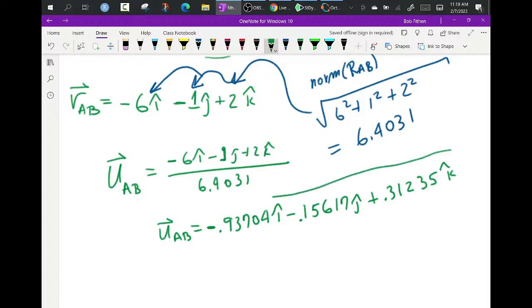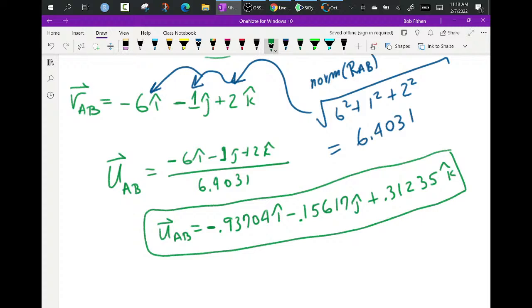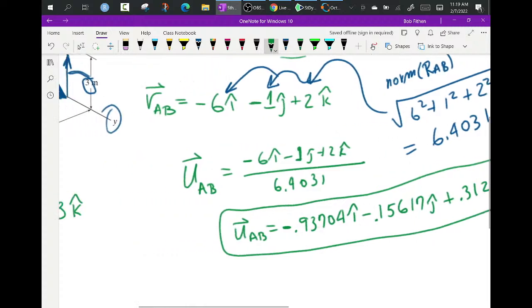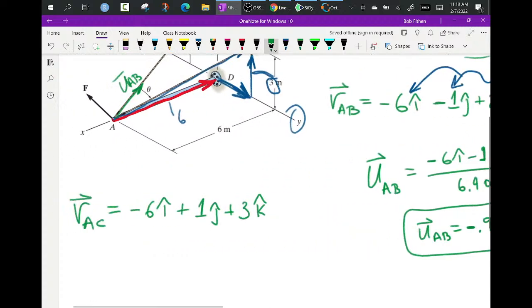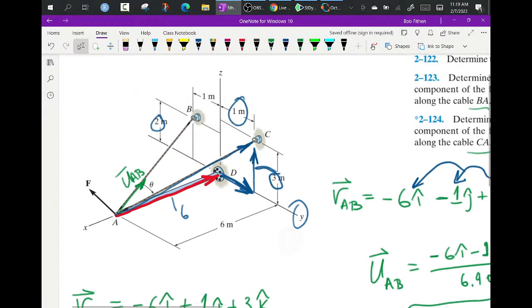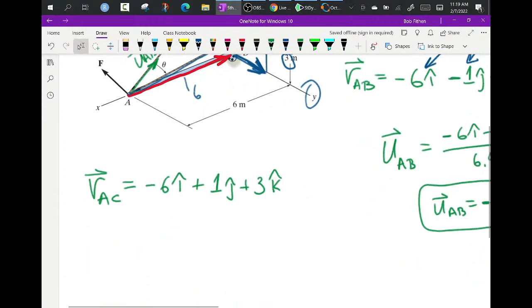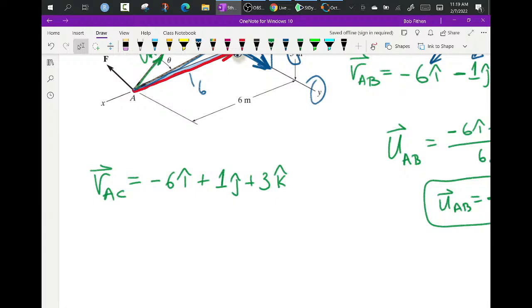Now that's my unit vector, and I'm going to sort of hold on to that for a minute because I'm going to use it. And I'll show you how I'm going to use it. There's two ways I can solve this problem, but I'm going to do it by tracing down the unit vectors.